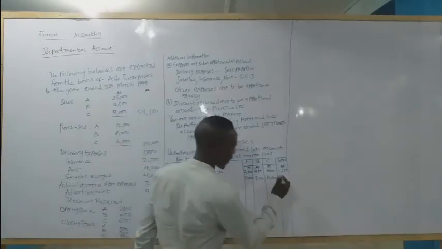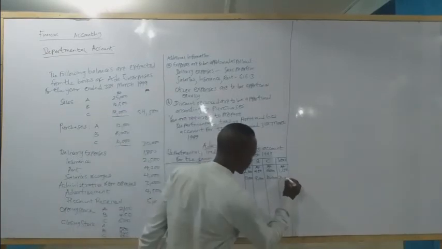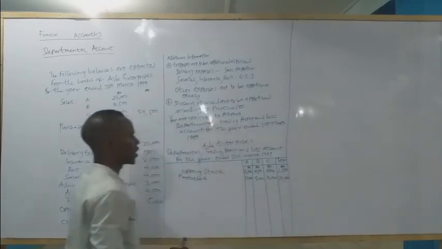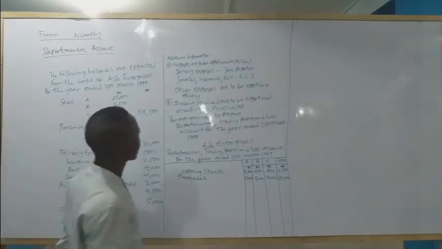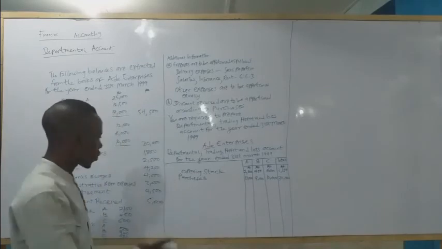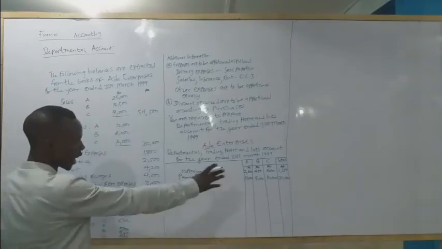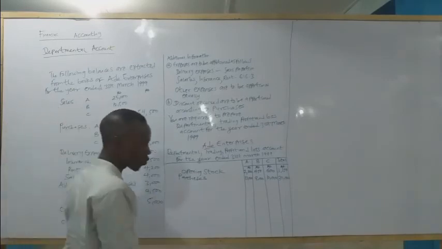This is 30,000. Their carriage inwards, we check sales, purchases, labor expenses, salaries and wages, advertisement, discount received. So we don't have carriage inward. So what we have next now is to add this to get our cost of goods available.